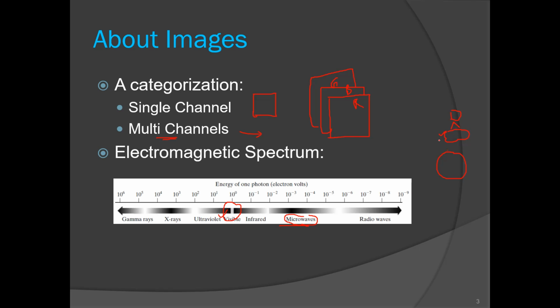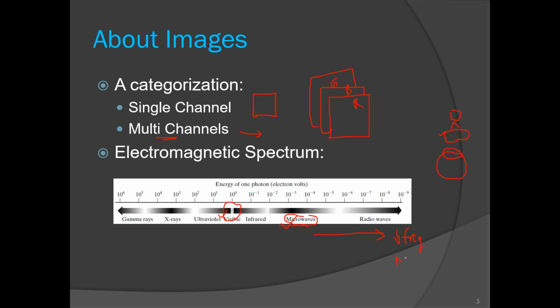That's why for such applications we generally take images using microwaves, because of their higher wavelength they can penetrate through these clouds and we will get the image of that place. In the electromagnetic spectrum, if you go from left to right, frequency decreases and wavelength increases.